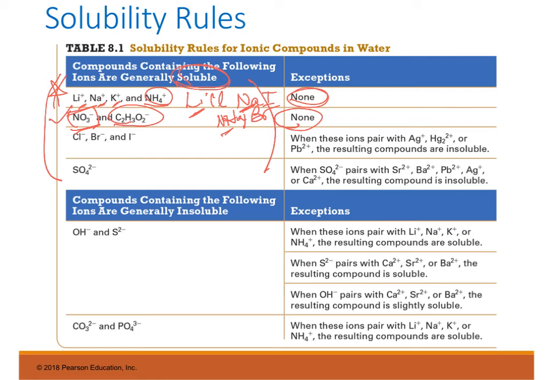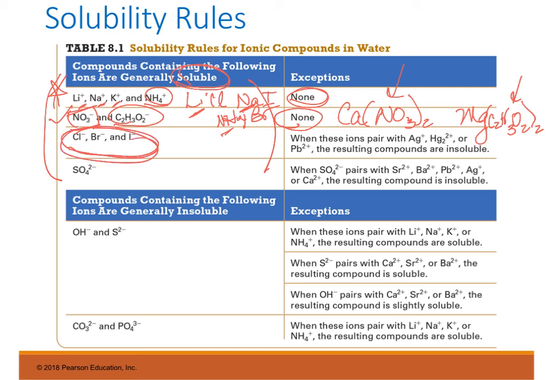So if we have calcium nitrate, it is a nitrate, so it's soluble. If we have magnesium acetate, that is soluble because it has acetate. There aren't any exceptions.